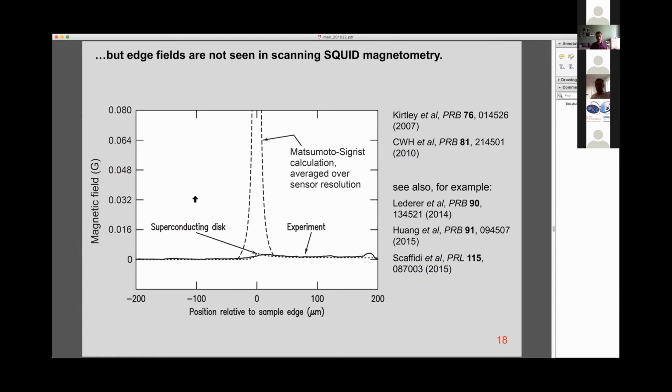John Kirtley and I looked for these edge fields through scanning SQUID microscopy. So this is now a magnetic field as a function of position, and then right here at 0 is where the SQUID crosses the sample edge. These dashed lines are a prediction of the expected edge fields under the hypothesis of chiral superconductivity, and this solid black line is what was actually seen.